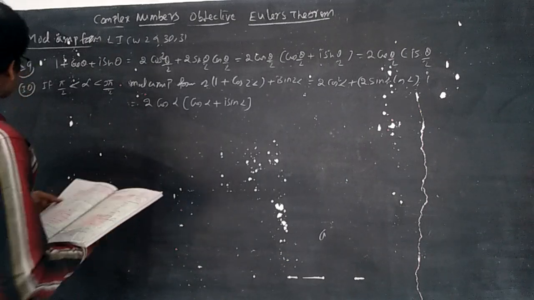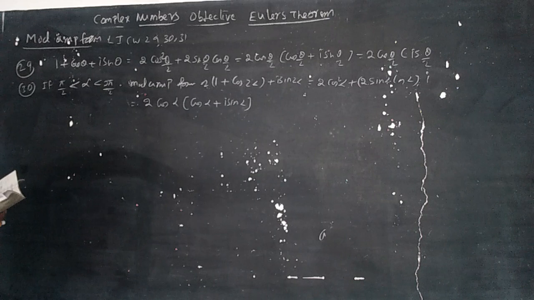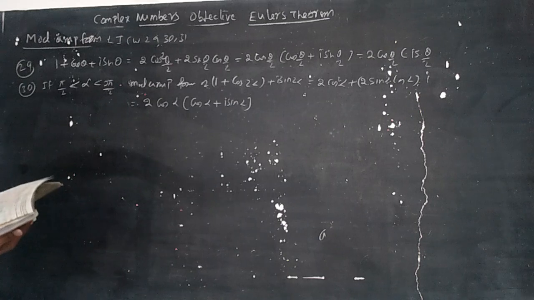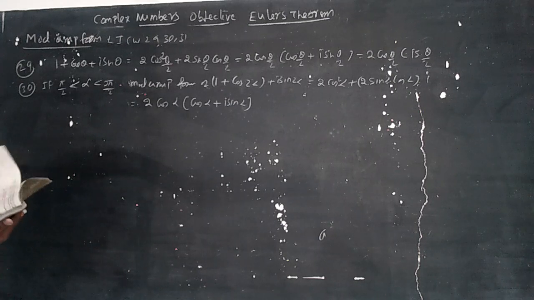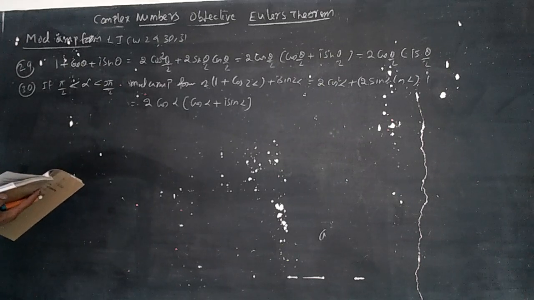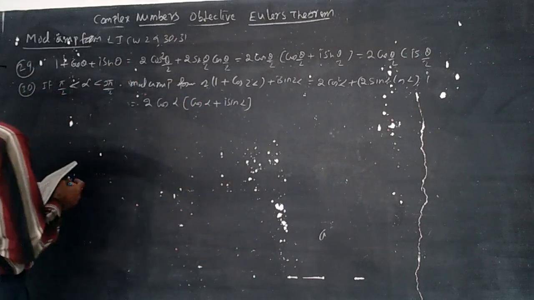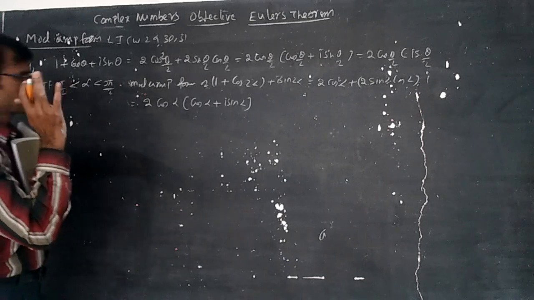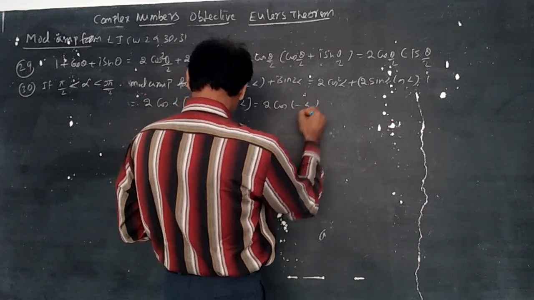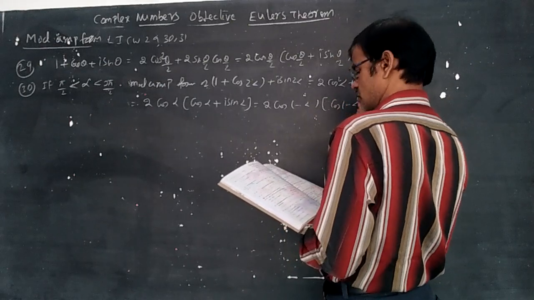So pi by 2 minus pi is less than alpha minus pi. Let us discuss the negative option. Let us see the options. 30th question. The first option given is minus 2 cos alpha into cos of alpha minus pi plus i sin of alpha minus pi. It is okay, but this is not correct because alpha depends upon second quadrant or third quadrant. If we write this one as 2 cos of minus alpha, of course cos of minus alpha becomes minus cos alpha into cos of minus alpha.